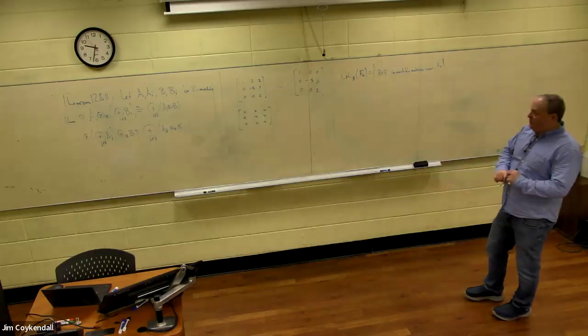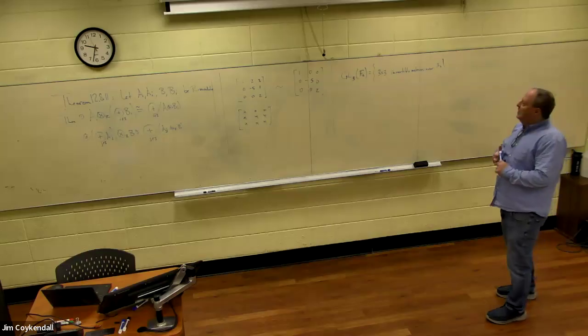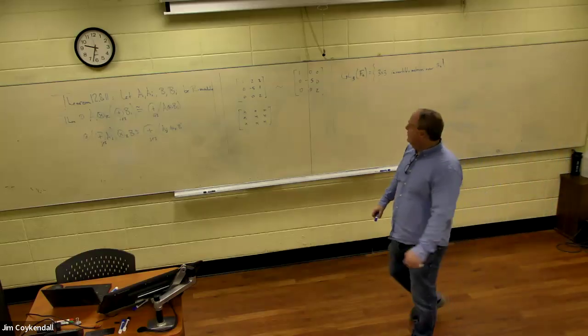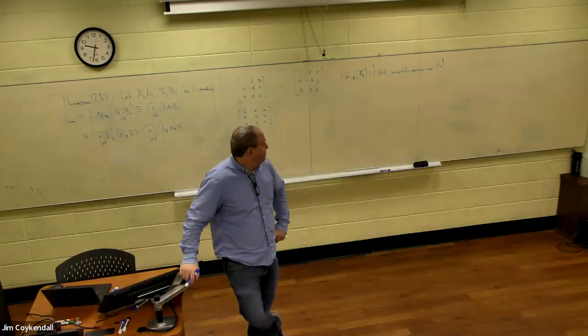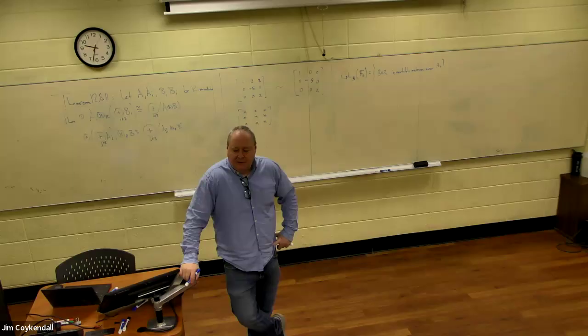Let's look at this group. This is kind of a Ruby group. This is the set of all 3x3 matrices over F2 that are invertible. Right? By the way, how many of these are there?